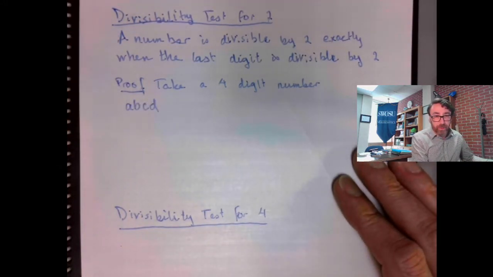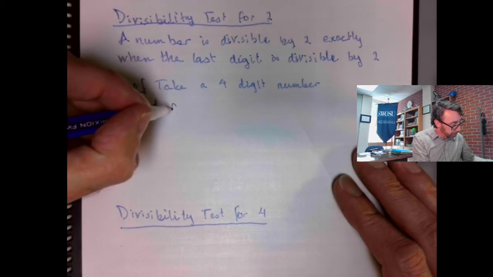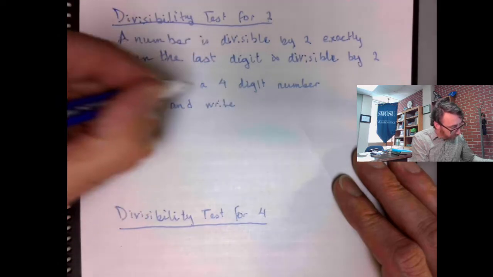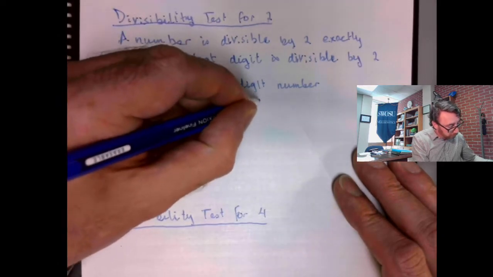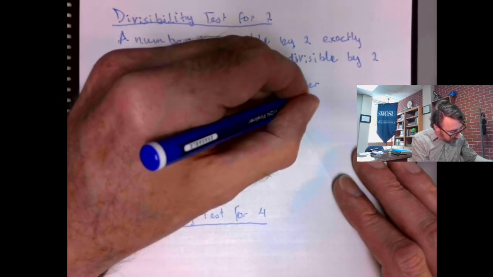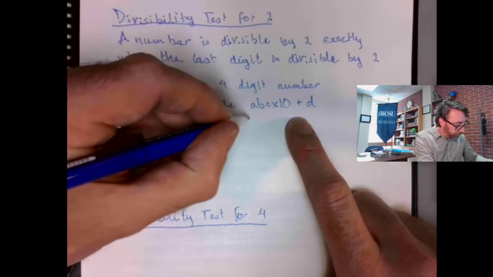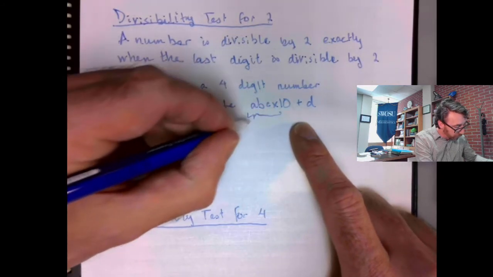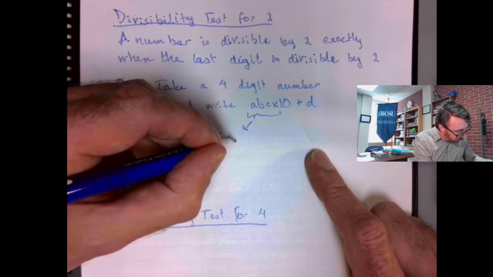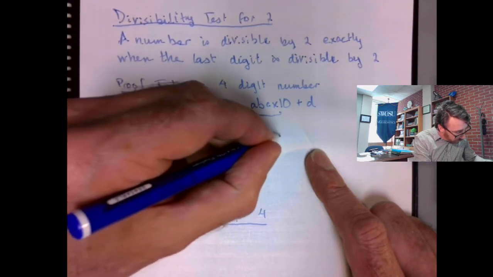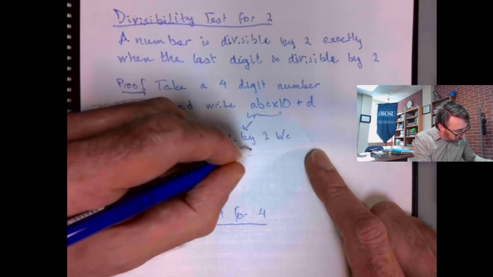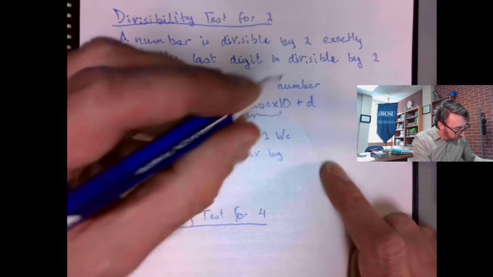So we're going to take the 4-digit number A, B, C, D and write it like this: A, B, C, whatever that is, times 10 plus D. Now this part is divisible by 2 because 10 is divisible by 2.